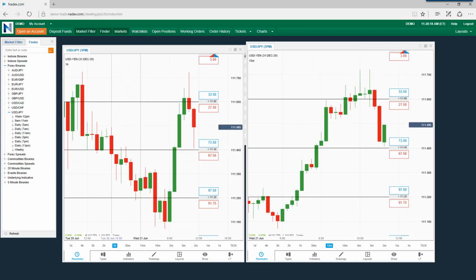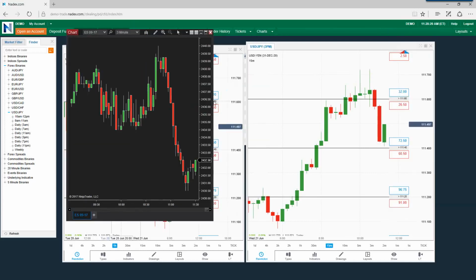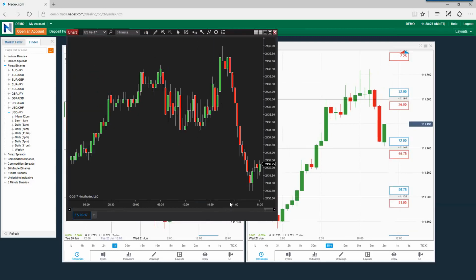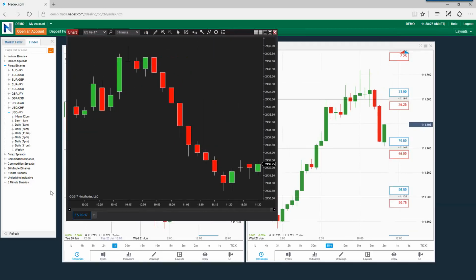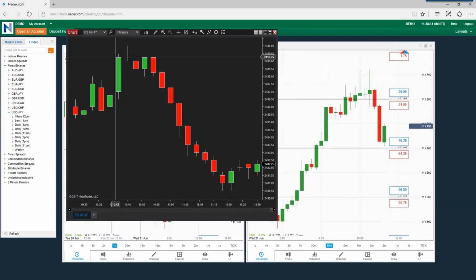Okay. Now this is the ES, and actually you can even see it today. If you're looking at this bar closed here at 24.39.25, but it opened at 24.39 on this bar, which started at 10:30.